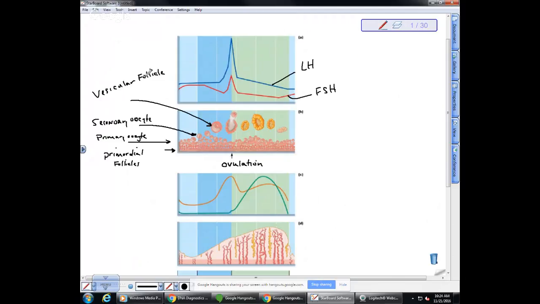Okay. So when the oocyte gets released, notice that it takes some of the cells with it, which are going to form, we're going to talk about the corona radiata in a little bit more detail, but also notice that most of the granulosa cells get left behind in the ovary. And so these would be granulosa cells right there.